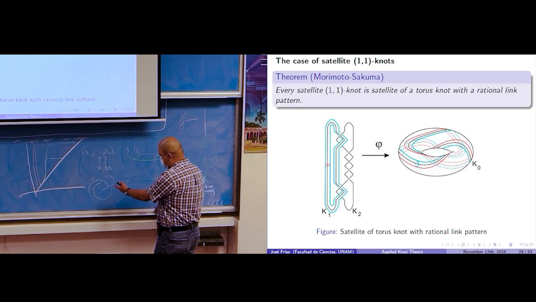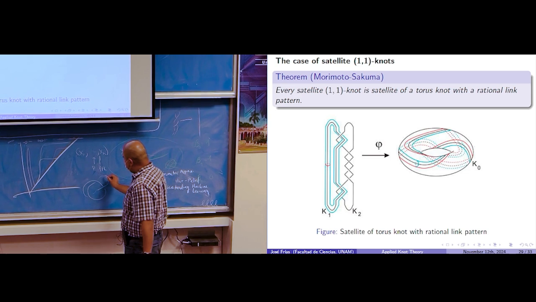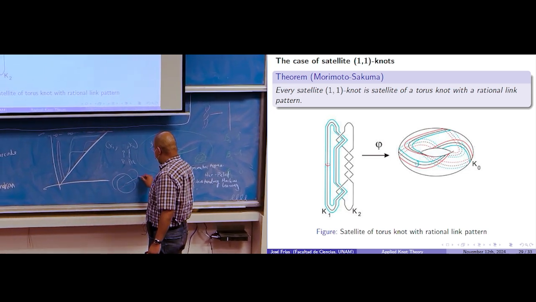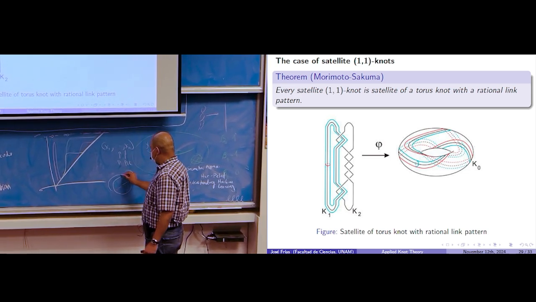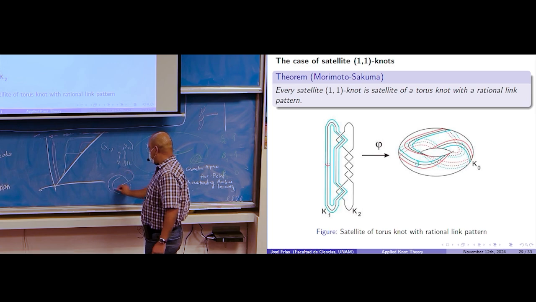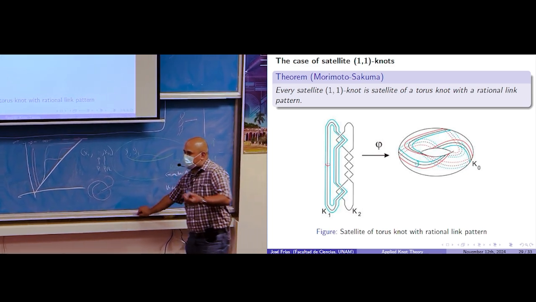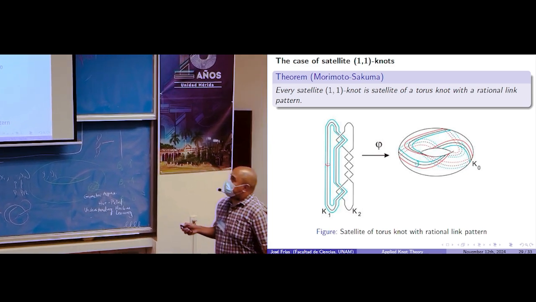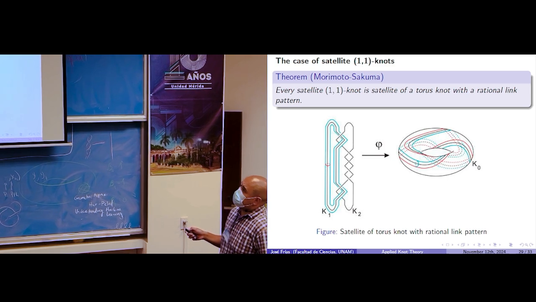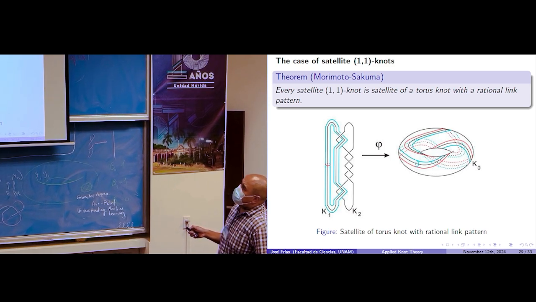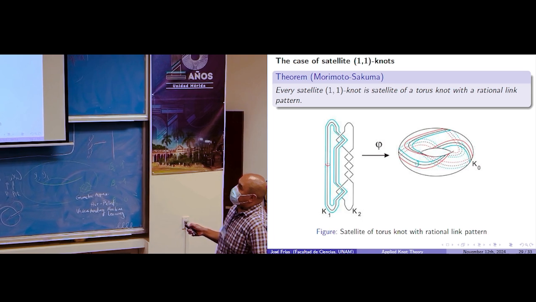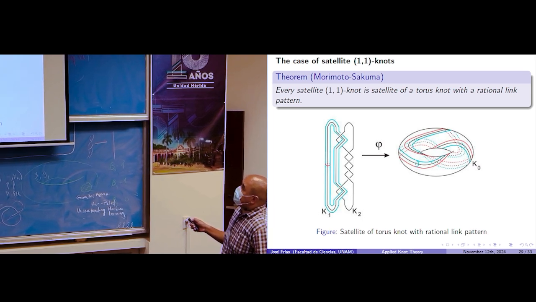So this is called the companion knot, and a satellite is a knot which is winding around this knot somehow. Yeah, it's what a satellite does. But in this case, we have the theorem by Morimoto and Sakuma that every satellite 1-1 knot is satellite, but not of any type of knot. It should be a torus knot, and it should have a rational link pattern.